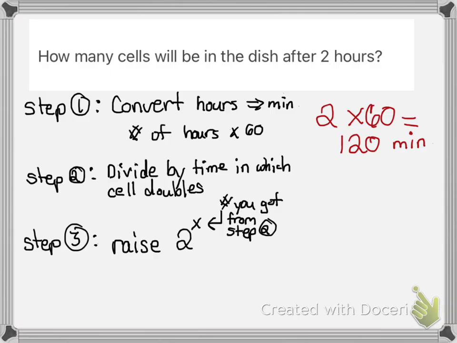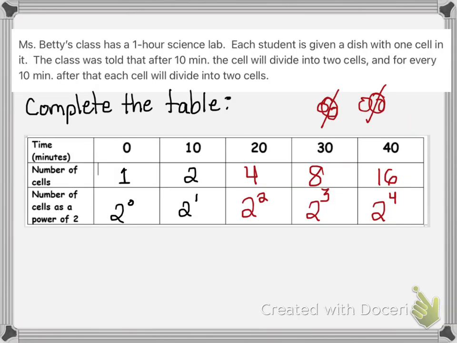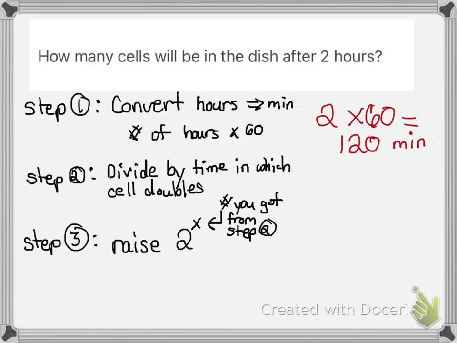Great. Now, as you have seen in the word problem, the cells don't divide into 2 until after 10 minutes. So I'll take that total time and divide it by 10 because the cells are not separating into 2 different cells until after 10 minutes has gone by.